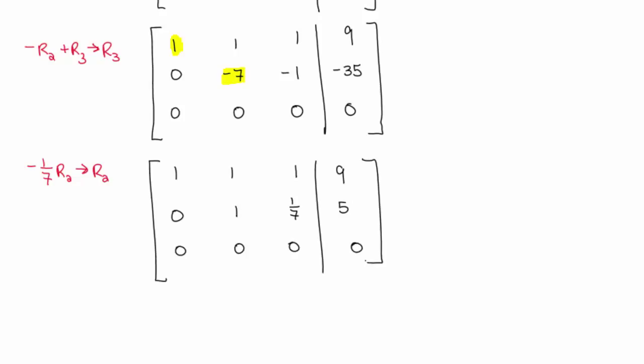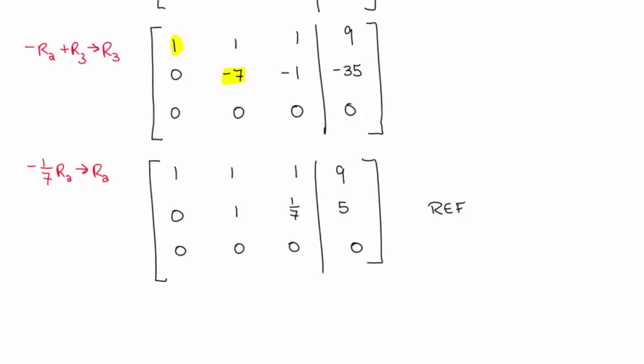Now, technically speaking, this is in row echelon form, because all the lead numbers are 1, and those 1s stagger down to the right, and if there is a 0 row, it's at the bottom. But it is not in reduced row echelon form.